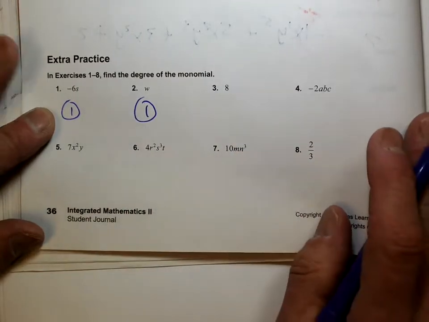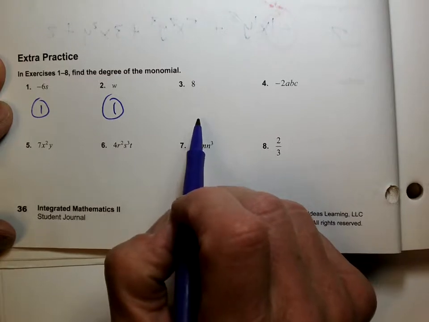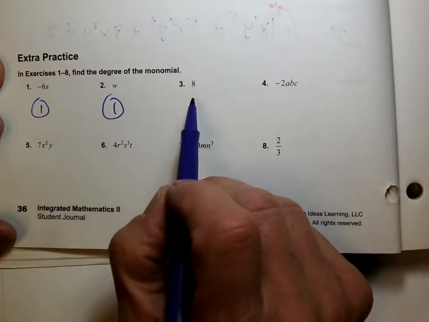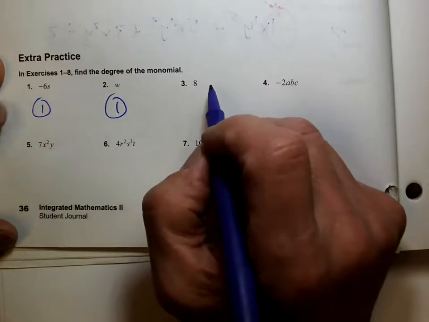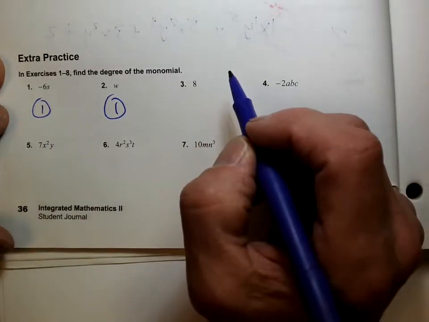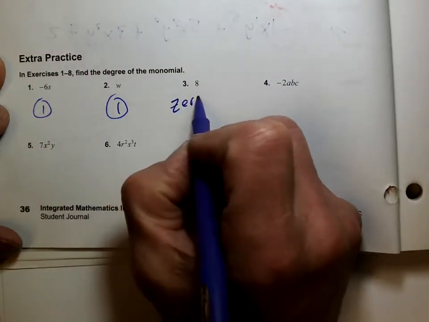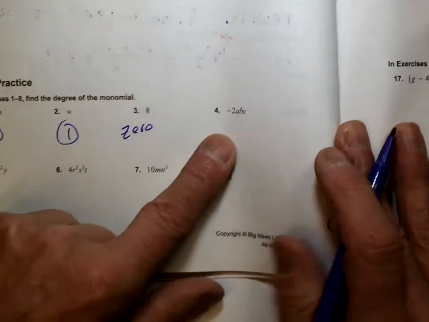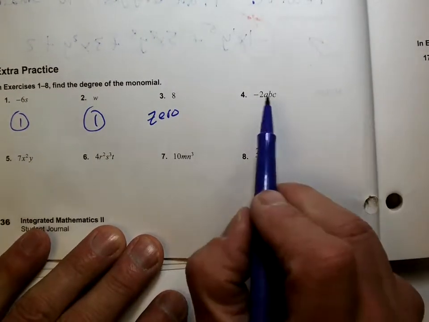Number 3, what's that? 0. You know why? There are no x's, right? How about 4? What's the degree of 4? 3. Everybody agree with 3? Because you have 1, 1, 1, so 3.